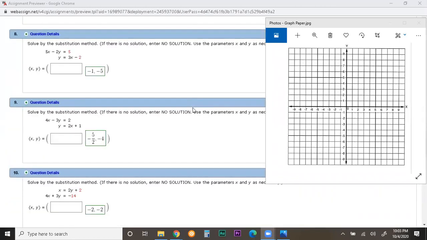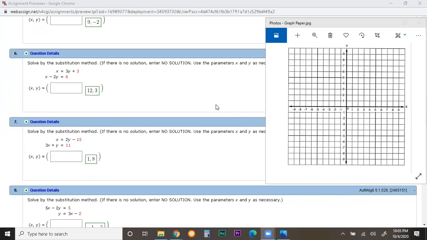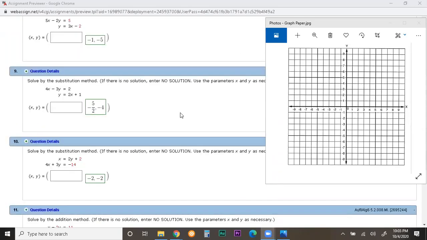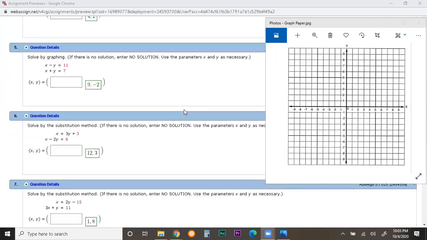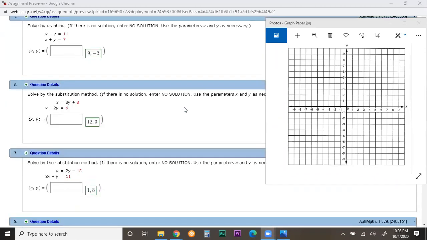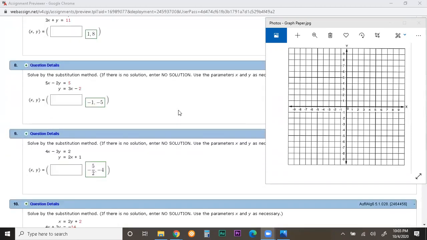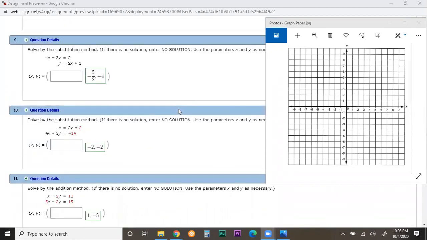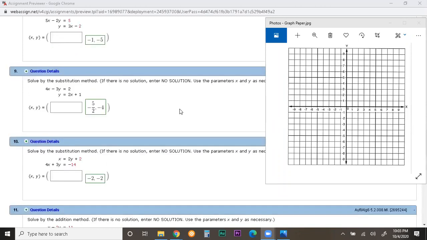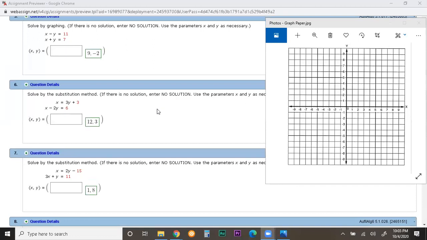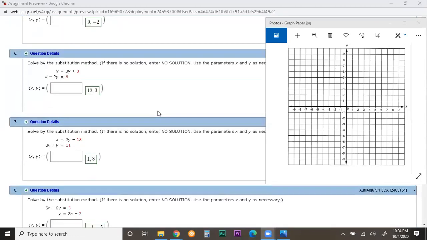So the next section of problems, we have 6 through 10, okay? Now, these are solved by substitution. And it looks like, at least on this version, at least one of the equations is already solved for that variable.